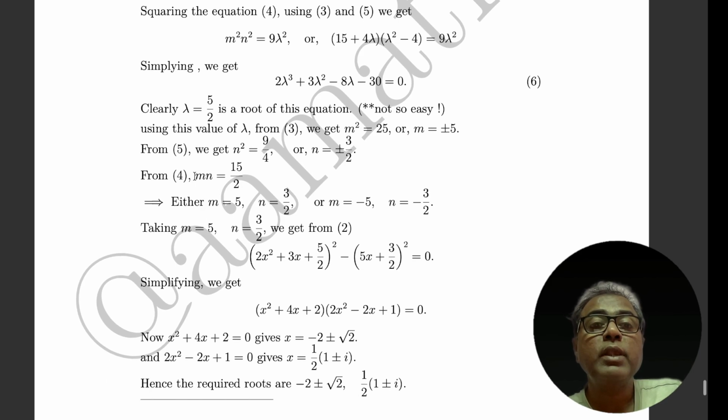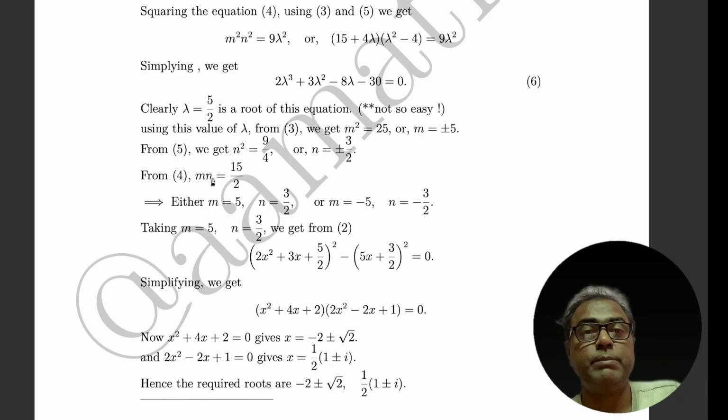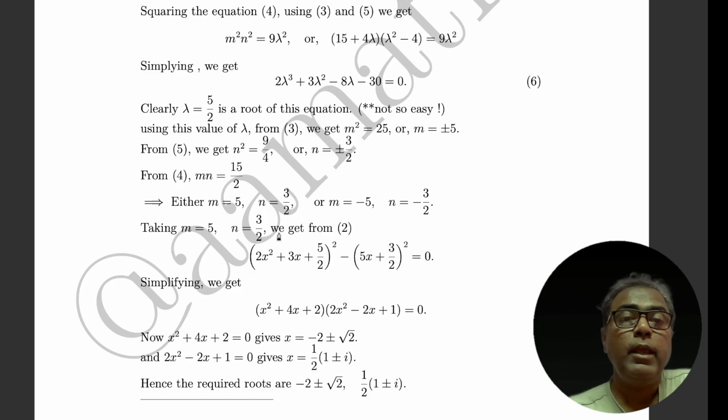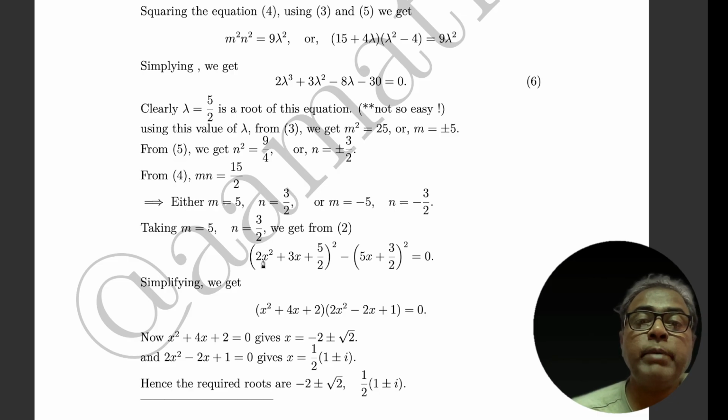So mn is positive, so m and n are both positive or both negative because m into n is a positive value. So m equal to 5, n equal to 3 by 2, or m equal to minus 5, n equal to minus 3 by 2. Taking m equal to 5 and n equal to 3 by 2.